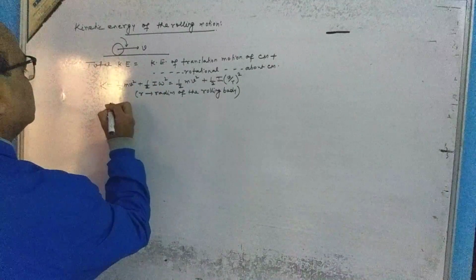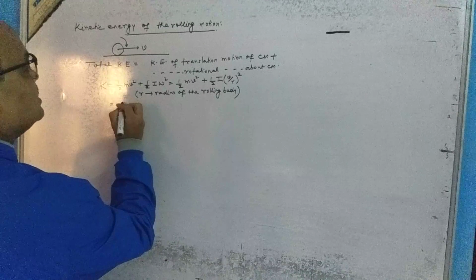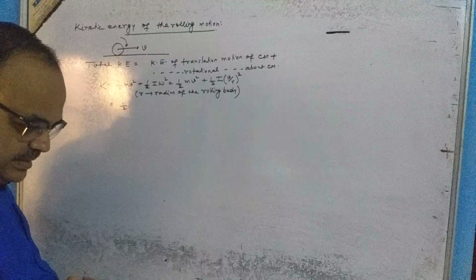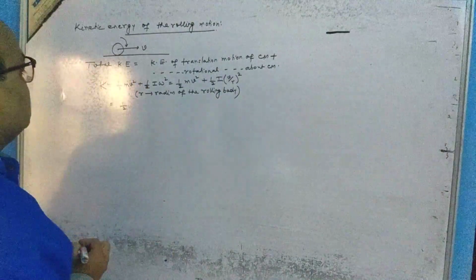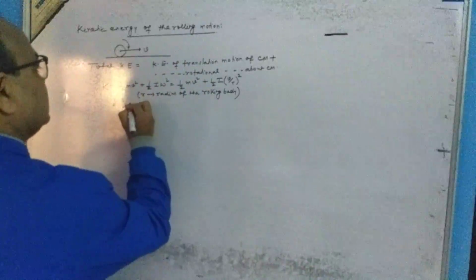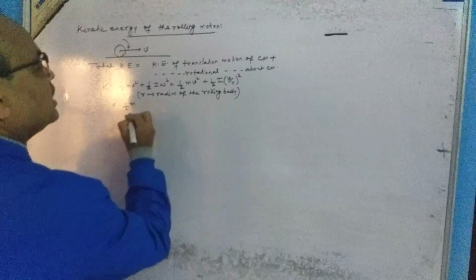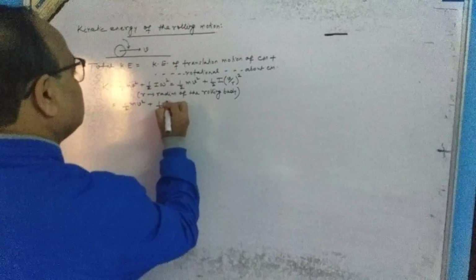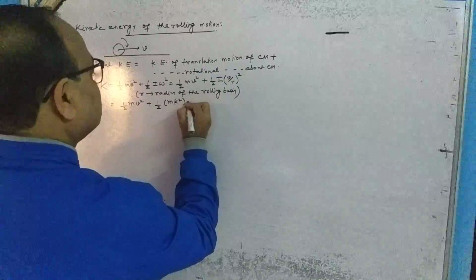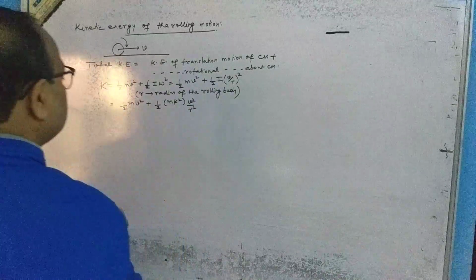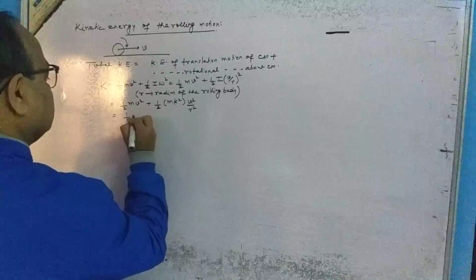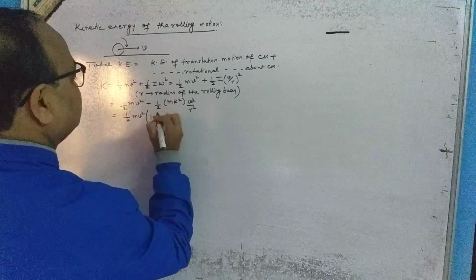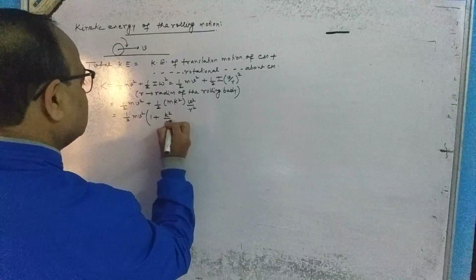Then what will happen here? In this case, we can write half mv square plus half m k square v square by r square, or we can write half mv square common, 1 plus k square by r square.